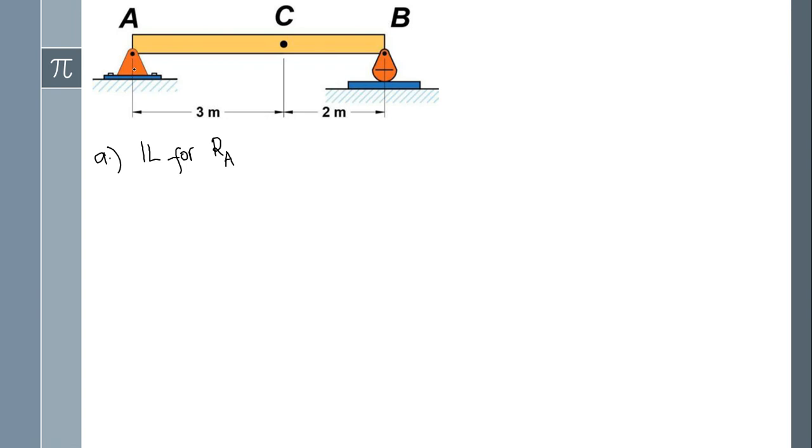Since we remove the reaction here, we remove the reaction at A.